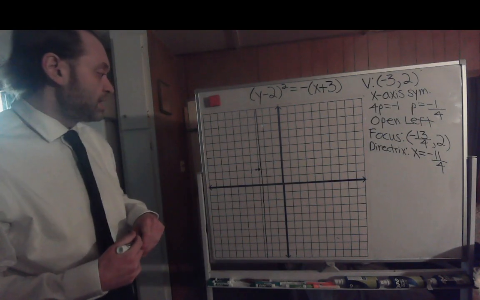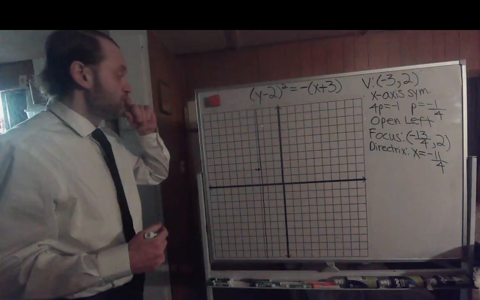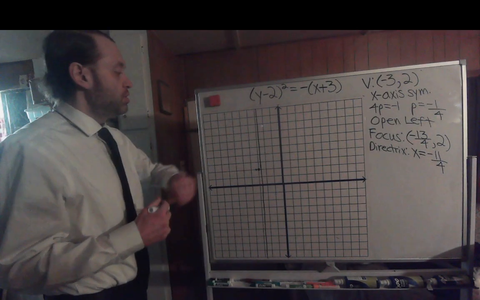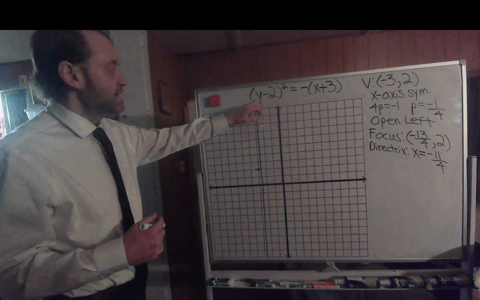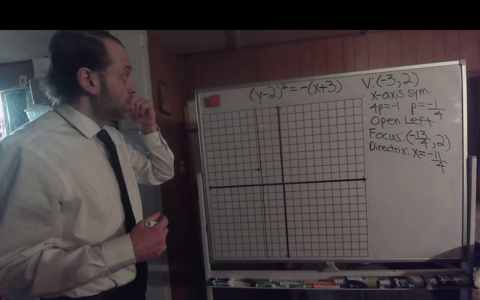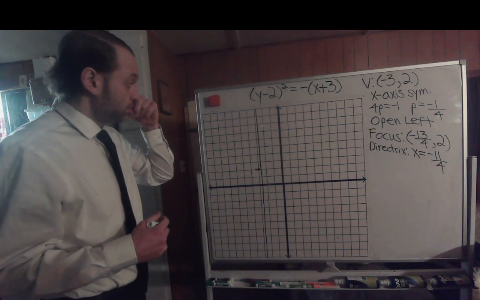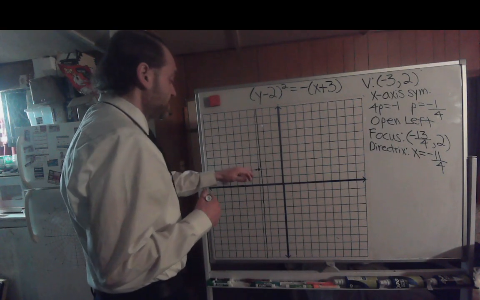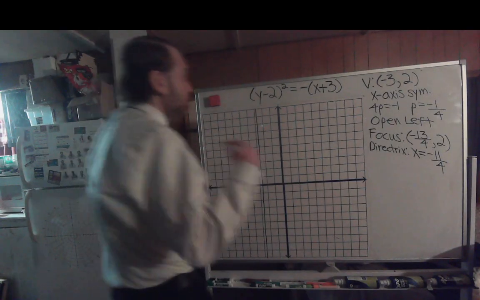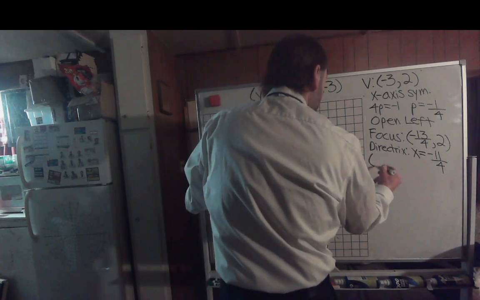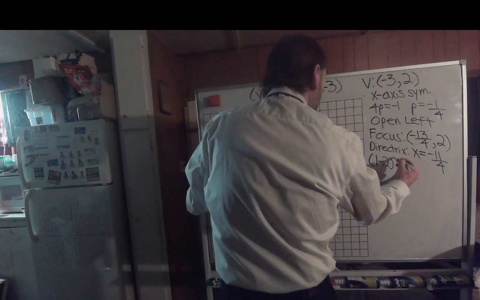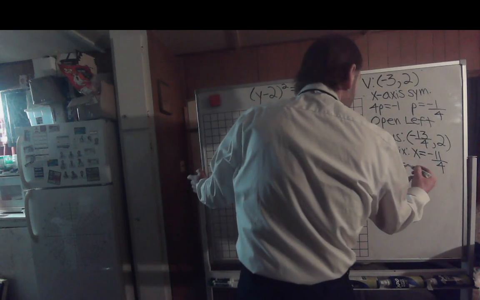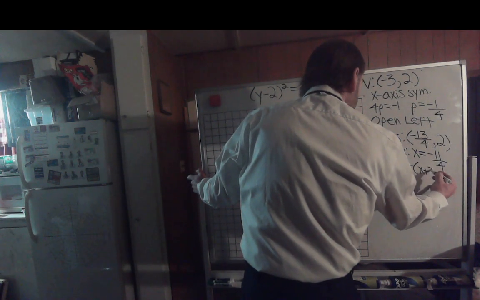So let's actually go for y equals 0. No, y equals 2, we already got that. How about when y equals 1? So let's pick y equals 1. So that'd be (1 minus 2) squared equals negative of (x plus 3).